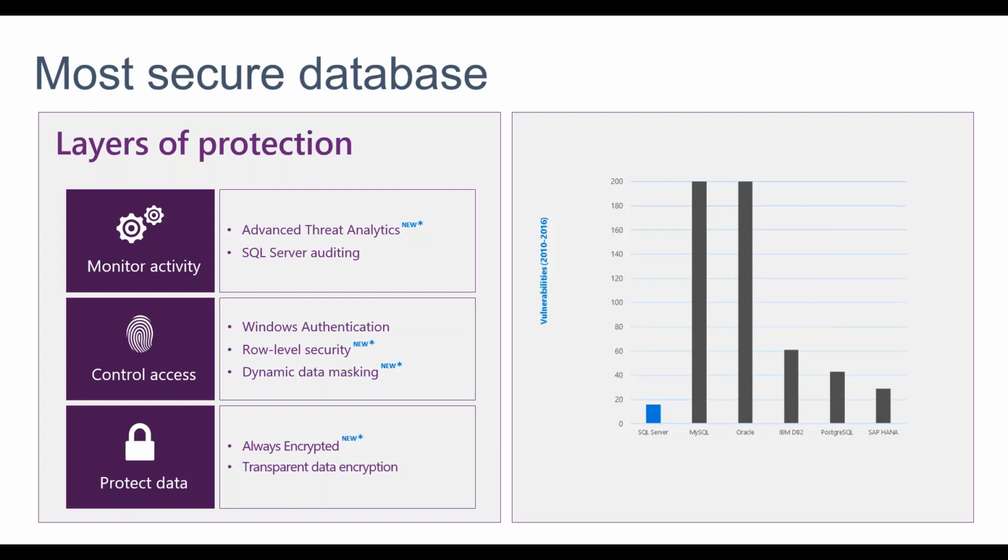So one of the nice things with SQL Server as part of the modern data platform is that it covers all of these. So again, when I say SQL Server, I'm talking about both the on-premises and cloud versions. So we do have full Windows authentication there. We have row-level security. We have dynamic data masking.